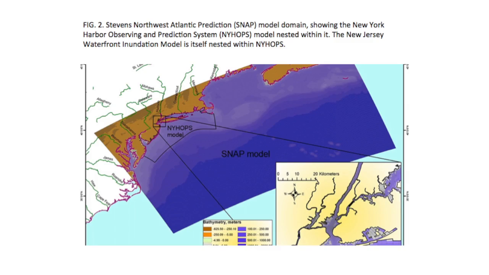Okay, first of all is fluid modeling. You've got to know how the water is moving. And so Alan and his team do something called forcing. They're able to take an ocean model, in this case the Stevens North Atlantic model, and through a chain of computations, force it down to a smaller scale into NYHOPS, the New York Harbor Ocean Predictive System. They've made huge strides.